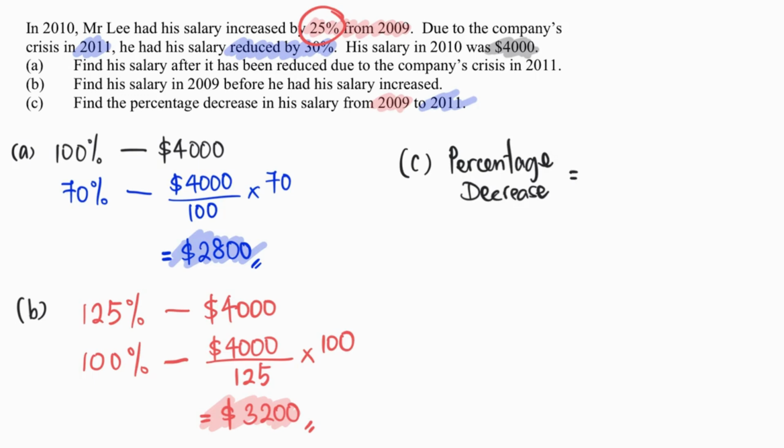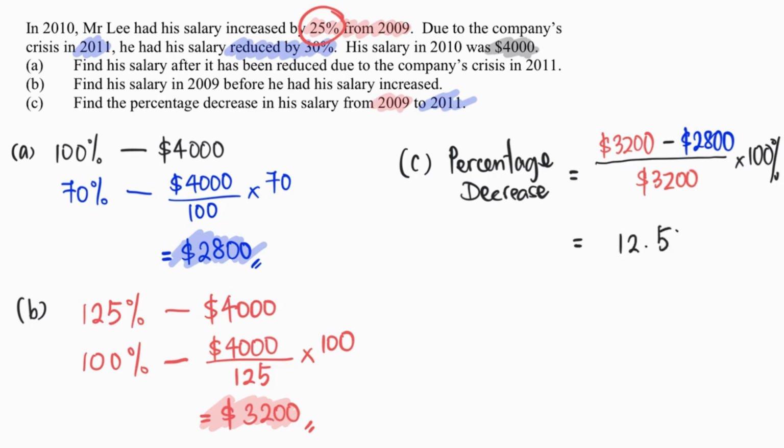So it will be 3,200 minus 2,800 over the original comparison times 100%. And this will give me a value of 12.5%. With that, we have come to the end of this part of the question. Let's move on to the next.